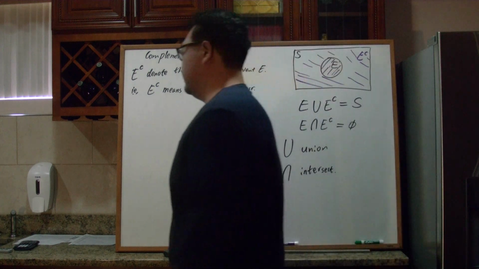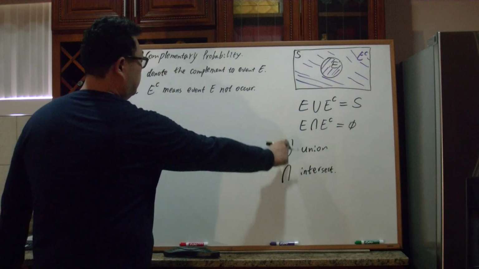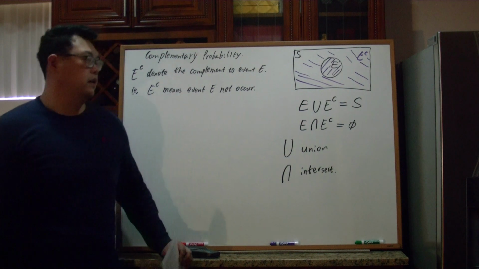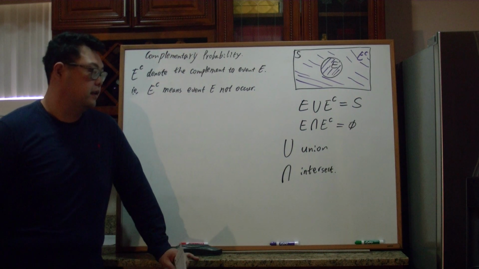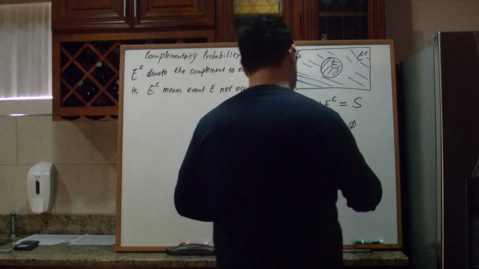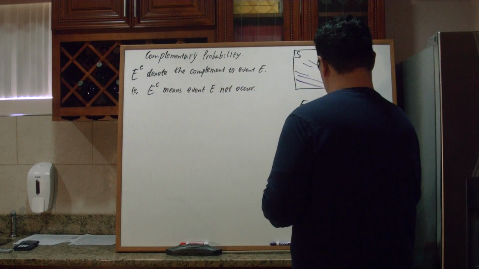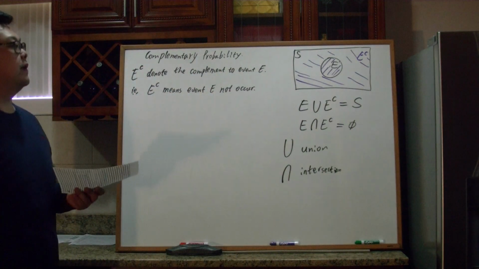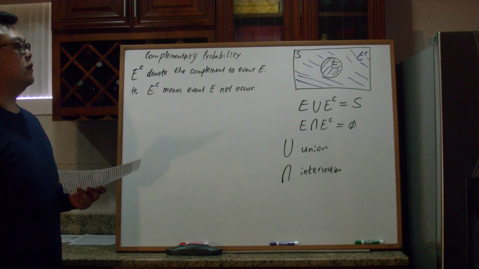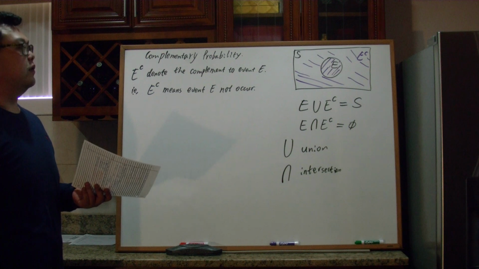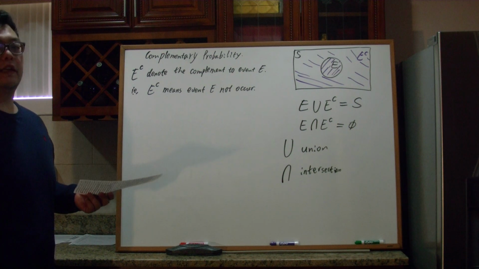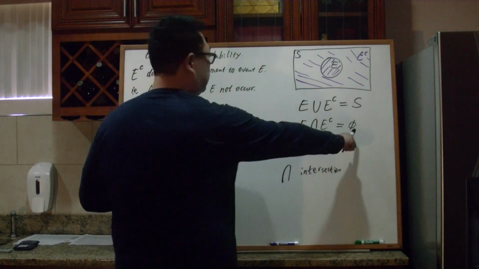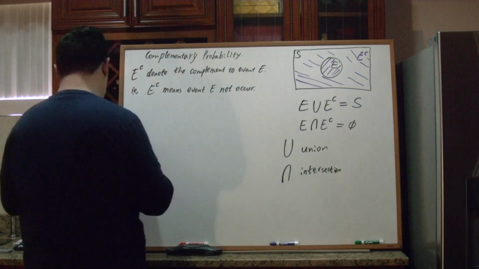The U, or upside down U, is the union and the intersection. Which means the complement union with the original event will be the whole sample space, and intersecting together is the empty set, also called the null set.